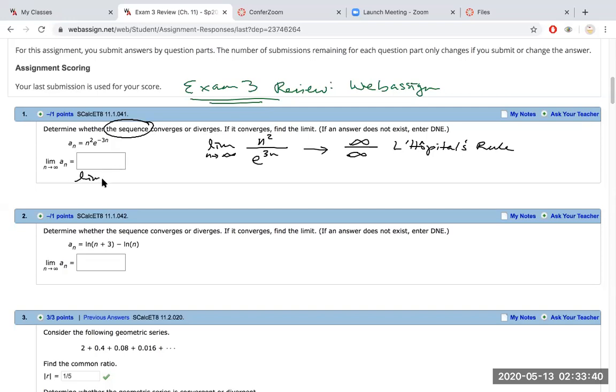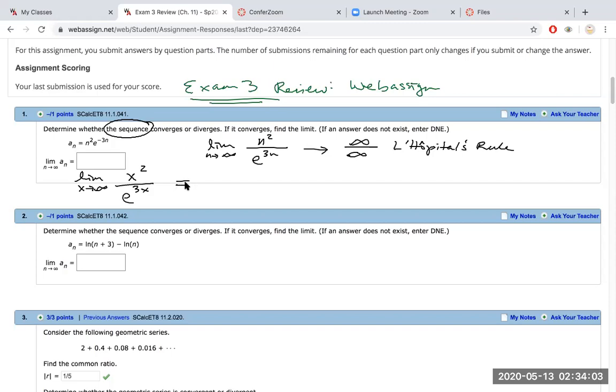So let's look at the limit as x goes to infinity of x squared over e to the 3x. If you forget this part and you still do the limit in terms of n, I'm not going to mark you down for it. Just technicalities.